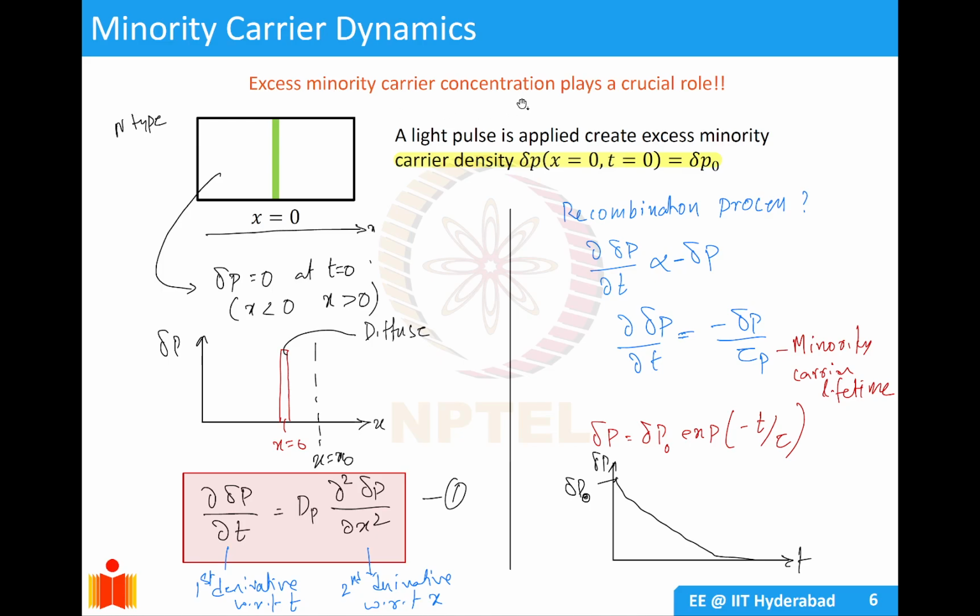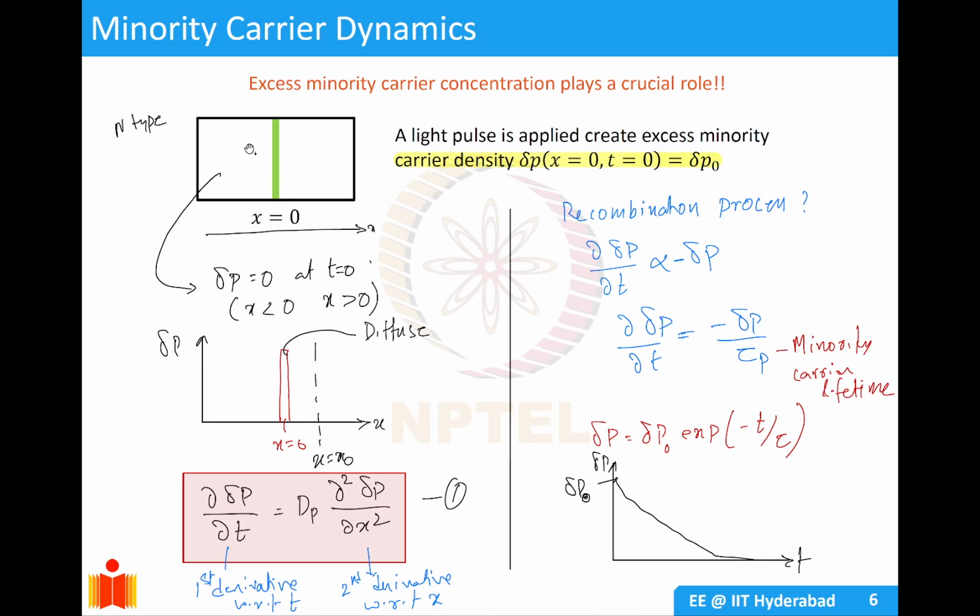Excess minority carrier concentration plays a crucial role. Let's take this example where a light pulse is applied to create excess minority carriers at the center point, which is x equals 0. At t equals 0, the excess carrier is delta p naught.